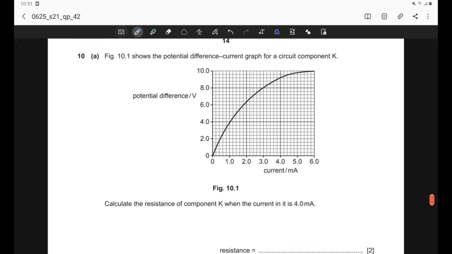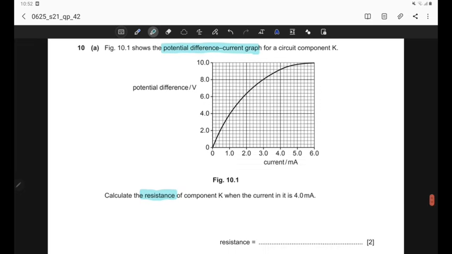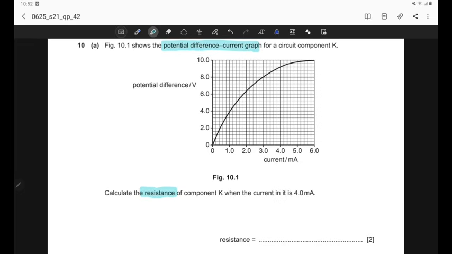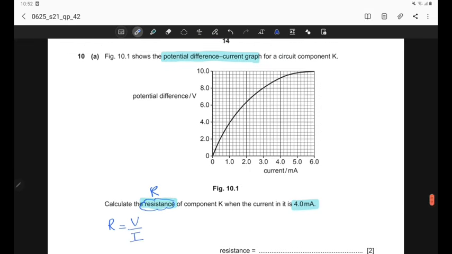Question 10 part A. Figure 10.1 shows the potential difference-current graph for a circuit component K. Calculate the resistance of the component K when the current in it is 4 milliampere. So we need to calculate the resistance R. We can use the equation resistance is equal to voltage over current, and we are provided with a graph.